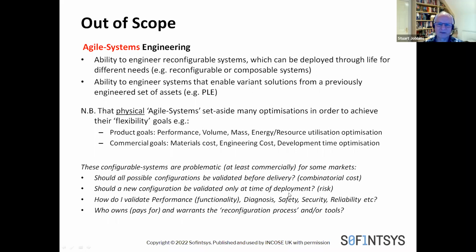I've spent a lot of my life in product line engineering, and believe you me, agile systems run counter to a lot of our traditional systems engineering, because you don't concentrate on the optimization, you concentrate on flexibility, and you do that for a known set of variations or configurations or permutations.